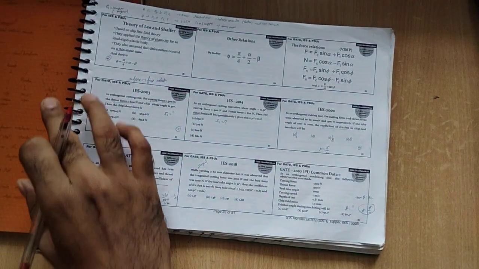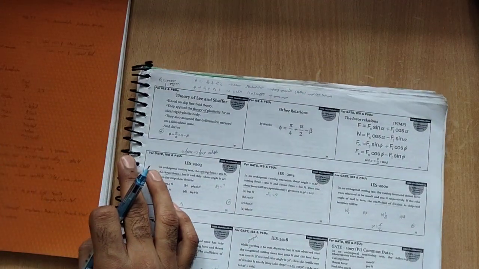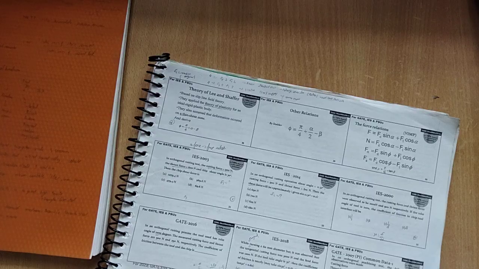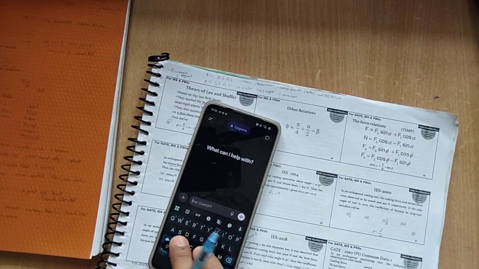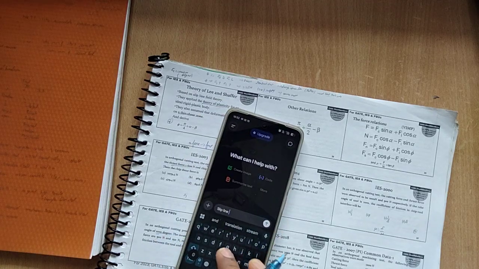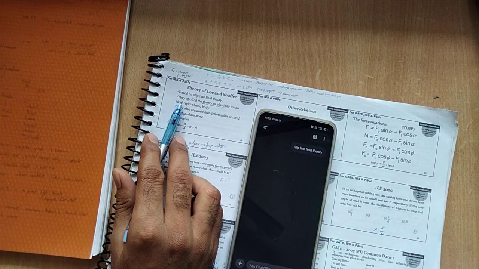Next one, you can see the theory of Lee and Shaffer, based on slip plane field theory. Some people might wonder what slip plane field theory is.